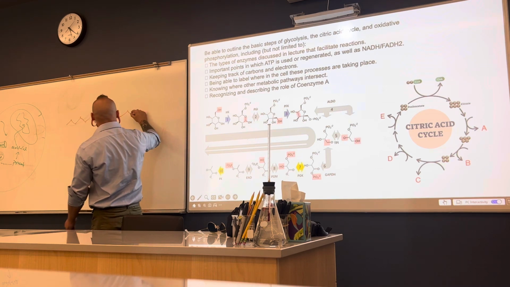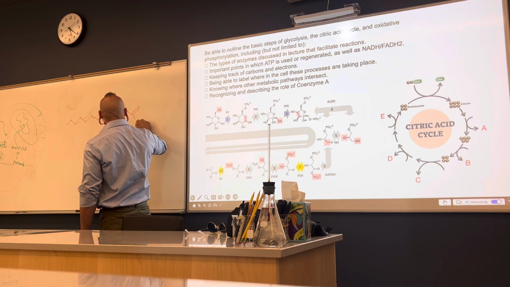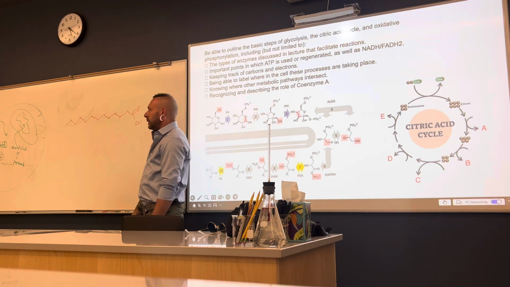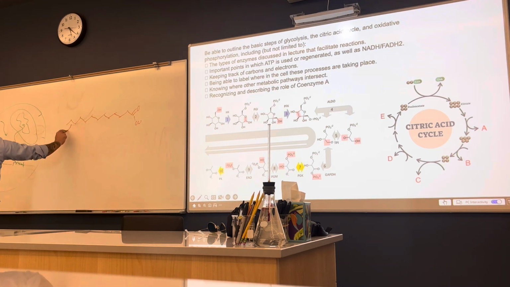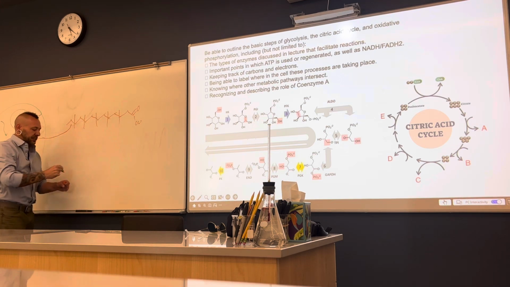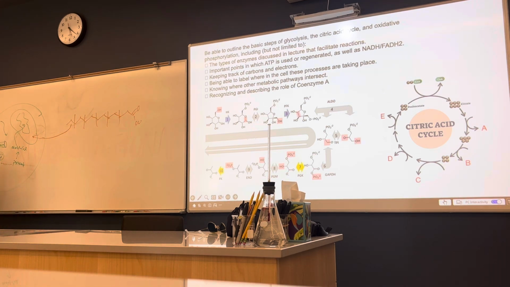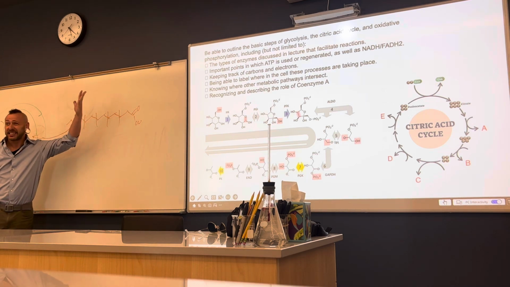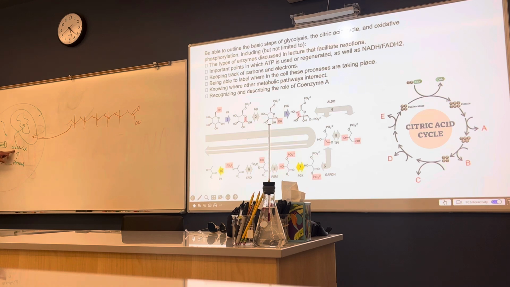You know, it's got some other parts. Here's your fatty acid. Fatty acids are also transported into the mitochondria, where we chop them up through a process called beta oxidation into multiple 2-carbon groups called acetyl. To each of those acetyl groups, we attach a coenzyme A. And so this fatty acid gets converted into 1, 2, 3, 4, 5, 6 acetyl-CoA to join all the acetyl-CoA that came from glucose, which also got transported into the mitochondria.